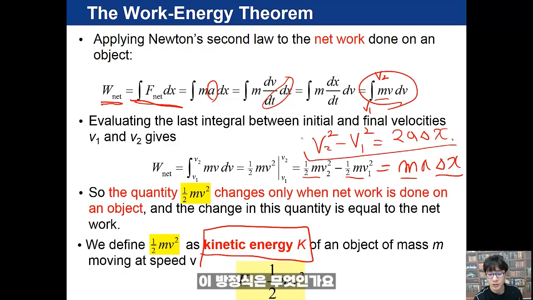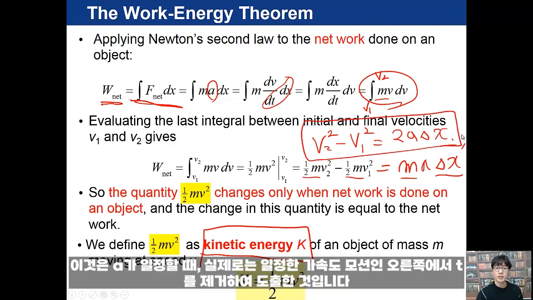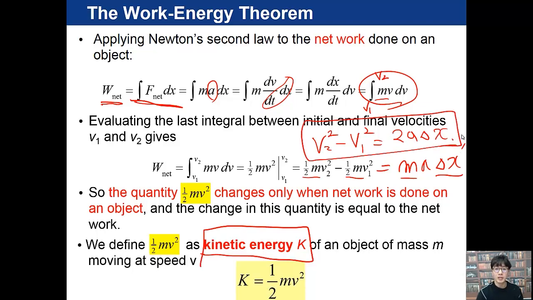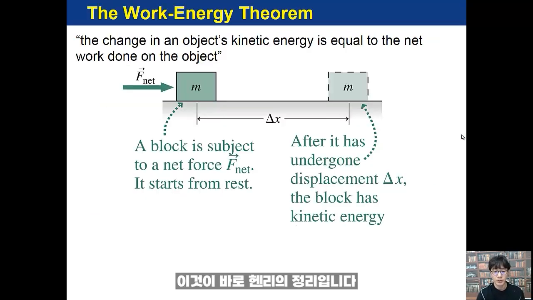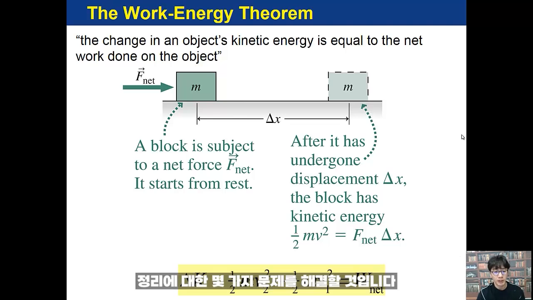This is the equation that we derived for constant acceleration motion by removing t. And that's actually the work-energy theorem. We will solve some problems related to this work-energy theorem. It is a very important theorem. You can solve many problems with it, and we will keep applying this theorem in later chapters also.